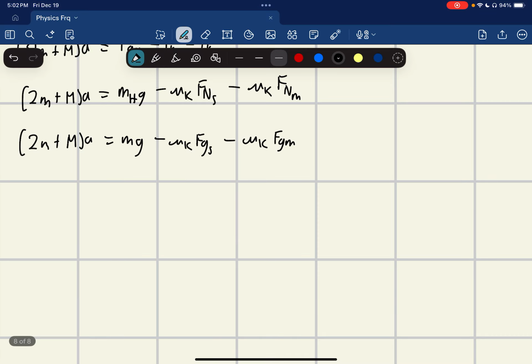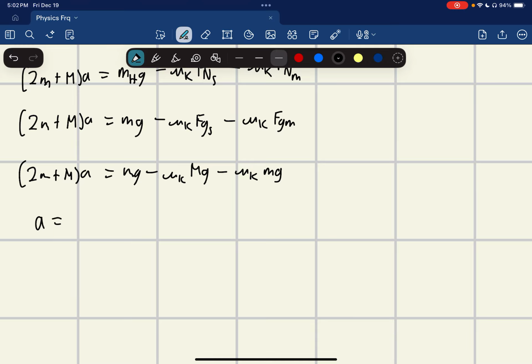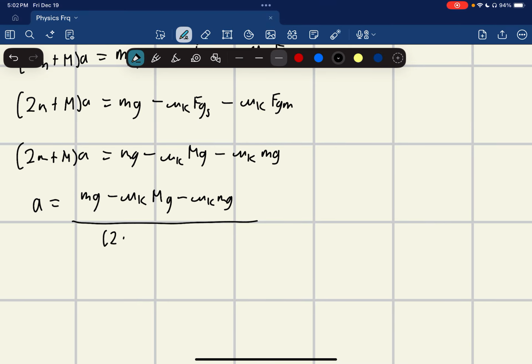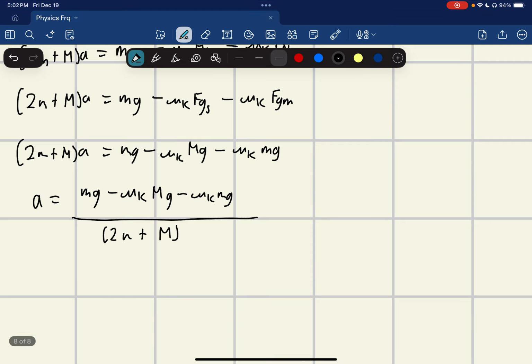And that would expand further to mg minus mu K capital Mg minus mu K lowercase mg. And then here, to solve for A, we would just divide by 2 lowercase m plus capital M on both sides. So A is equal to mg minus mu K times Mg minus mu K times mg divided by 2m plus M. And then here we'll just plug in the values.